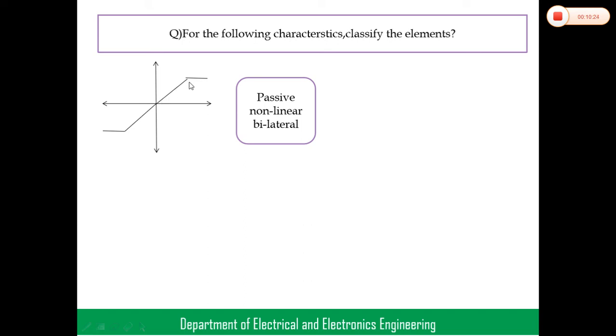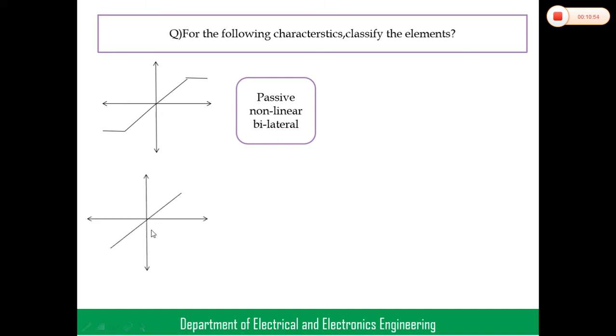It is not a straight line, so you can blindly say that it is non-linear. Is this bilateral or unilateral? The characteristics in the positive direction are like this, and in the negative direction also the same, right? The same characteristics appear in the positive and negative direction, so it is said to be bilateral. The characteristics for this element are passive, non-linear and bilateral.